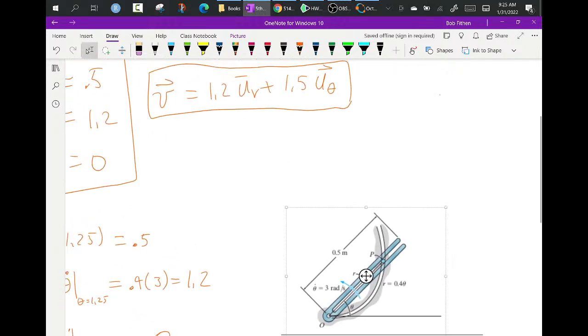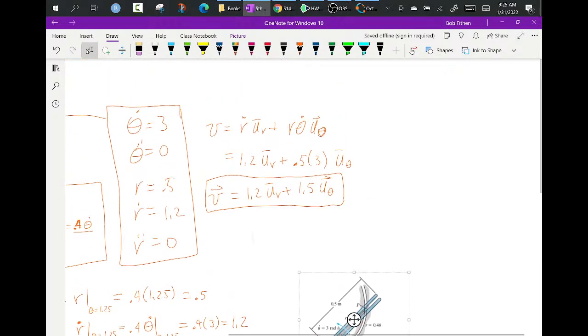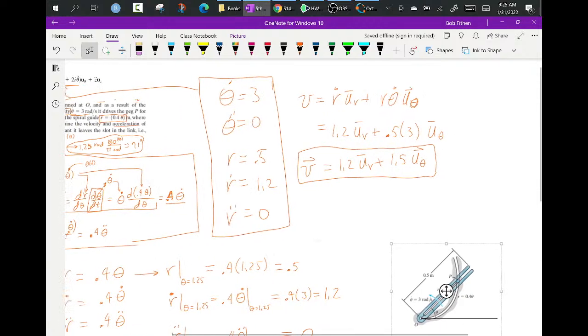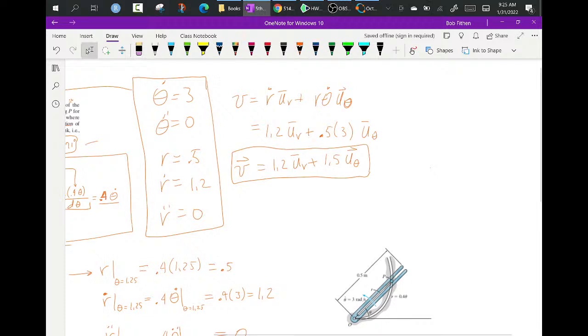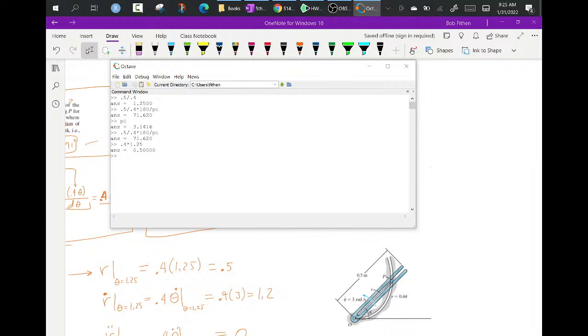Okay, so we figured out that it was roughly 71 degrees, or let's see, let's go back to my calculator, 71.62.